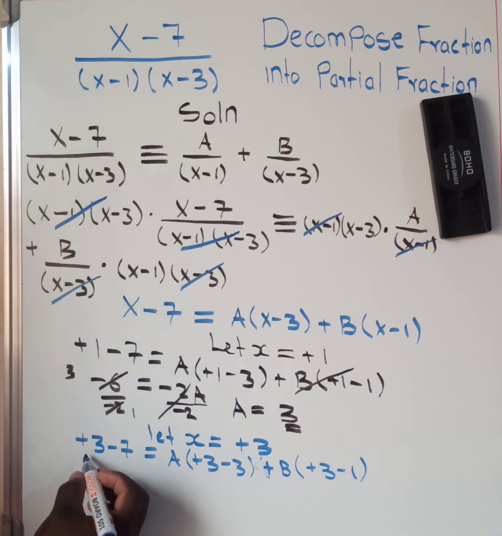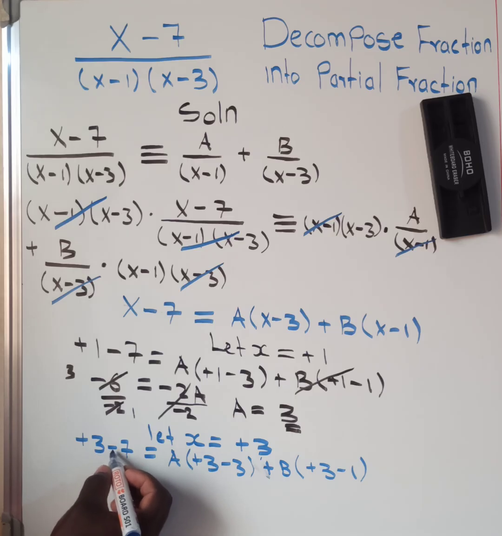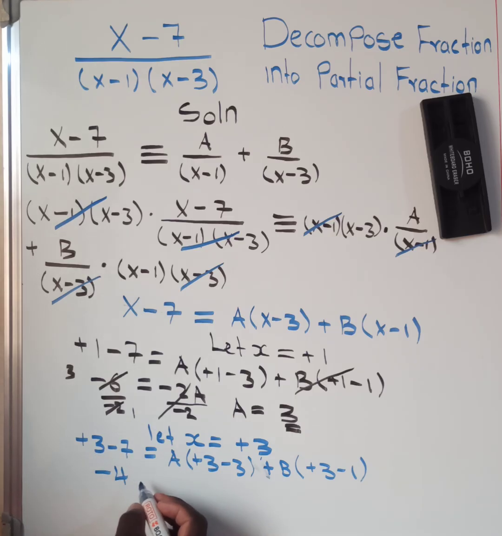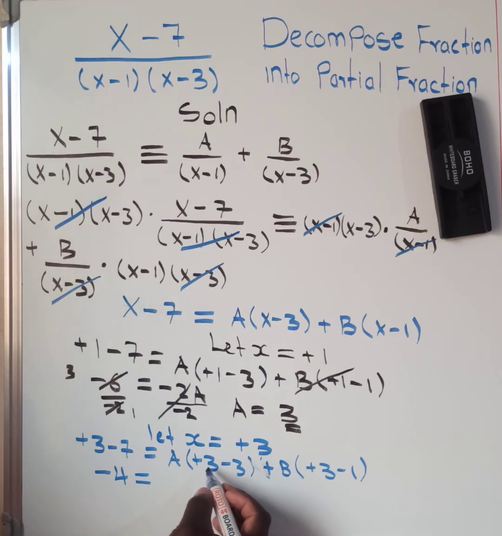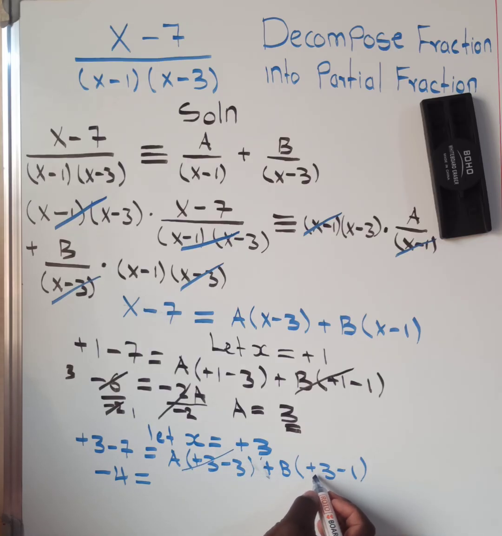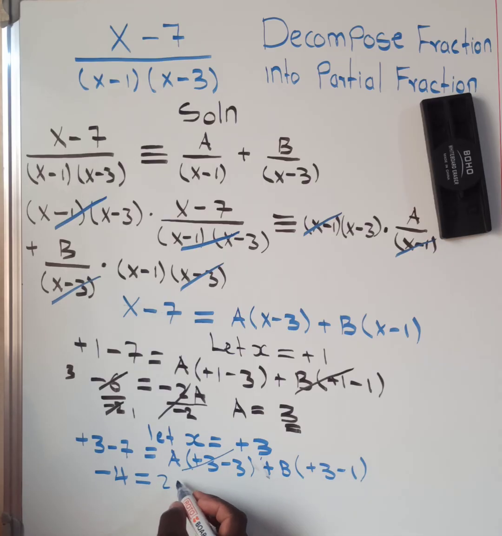So now I have here 3 minus 7, which is going to give me negative 4, right? So then we have to say equal. I have here 3 minus 3 is 0. 0 times A is the same as 0, so here is cancelled. I have here 3 minus 1, which is positive 2. Positive 2 times B is going to give me 2B.